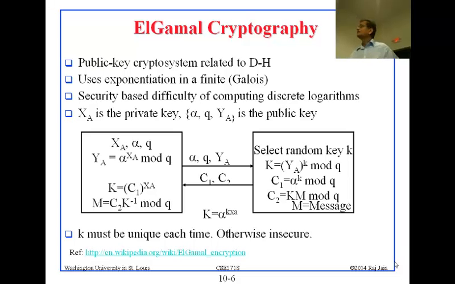To summarize ElGamal, it is very similar to Diffie-Hellman. They send alpha, Q, YA, but instead of sending YB back, they send C1 and also a message, an encrypted message which can be decrypted at the other end right away.